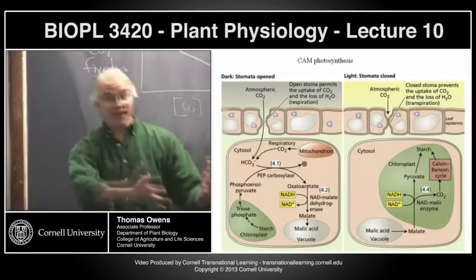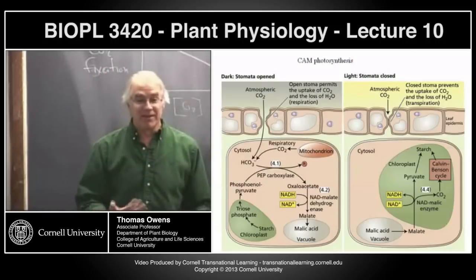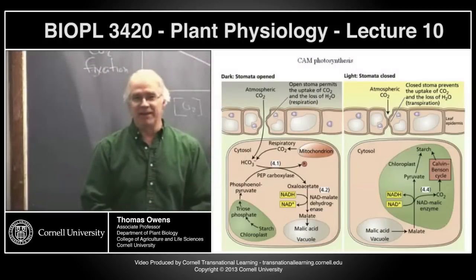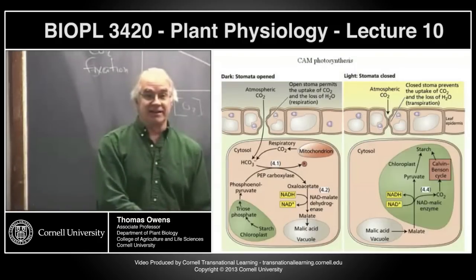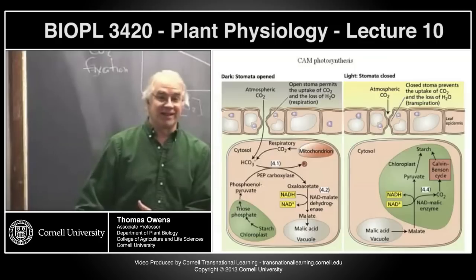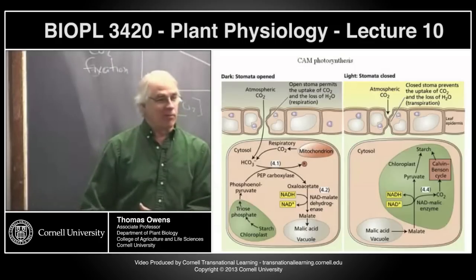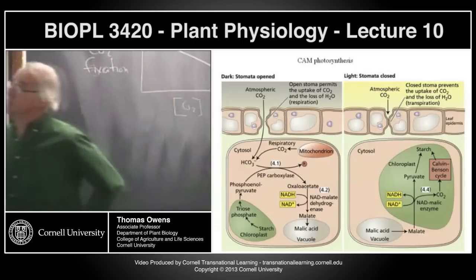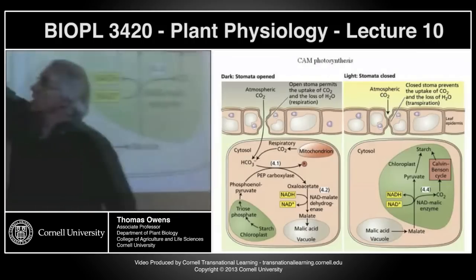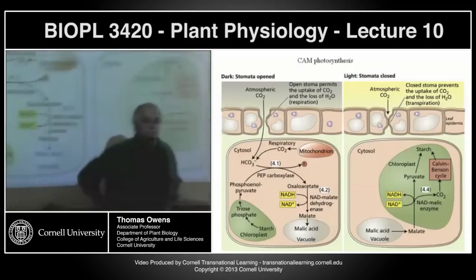But the light reactions can only happen in the daytime. You can only make ATP and NADPH in the daytime. So if the CO2 is coming in at night, but the light reactions are going on in the daytime, it's not going to help unless it can do something to couple them together. And the way that happens is that at night, carbon dioxide enters the leaf.